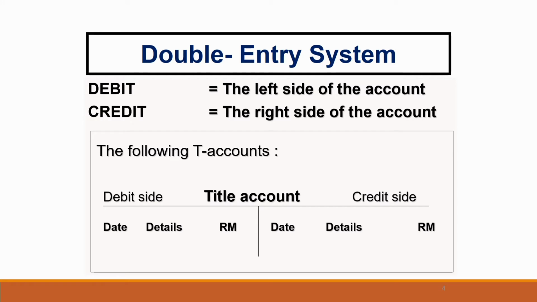Okay, look at this one. For the debit side of the account, you must divide it into three columns: date, details, and the amount. For the credit side, we also must write down date, details, and amount. And this is the name of the account that is involved.